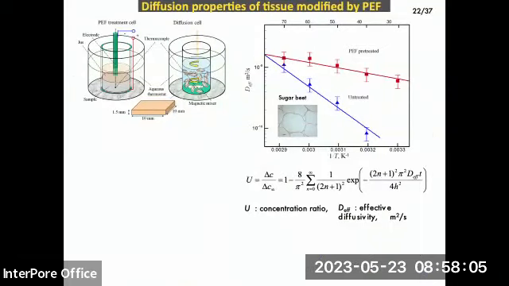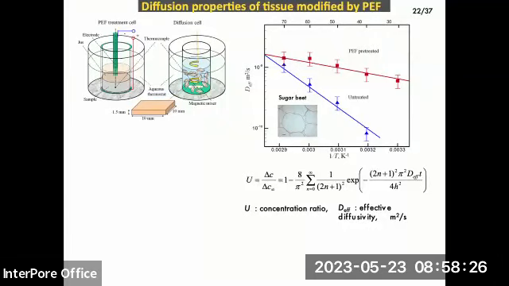Let us see now how the diffusion properties of tissue can be modified by pulsed electric field. So in this experiment, the particles, like, for example, sugar beet, but it can be other biological particles, were treated by pulsed electric field, then heated in hot water at different temperature.